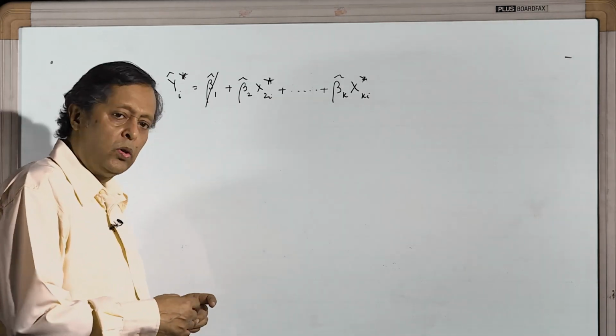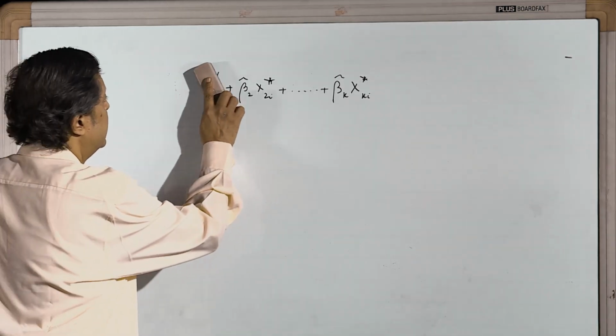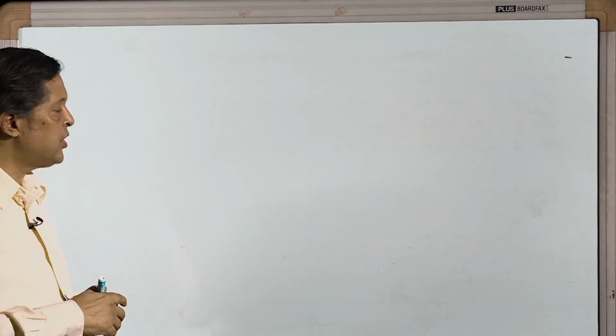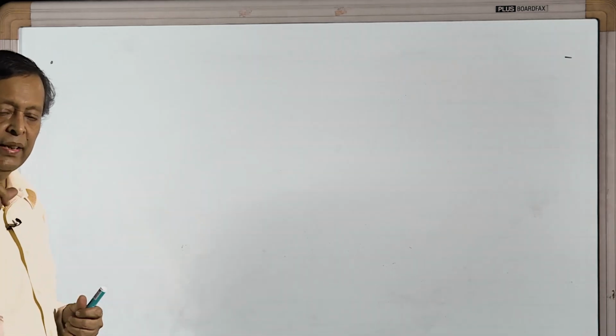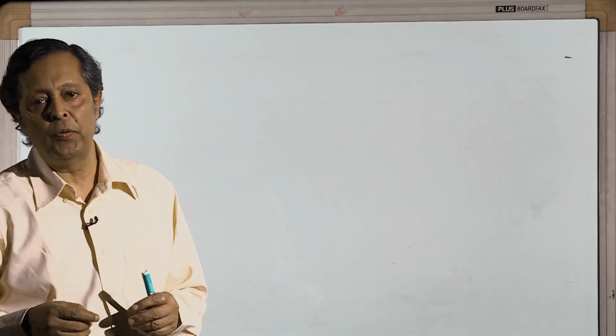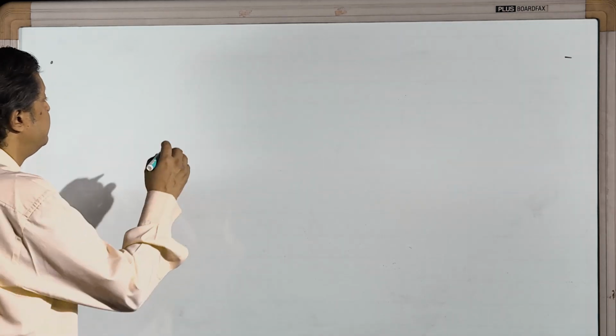Before we go to the next part, what we would like to show is the relation between the estimated coefficients in original variables vis-a-vis the coefficients in standardized variables. So, let us take a look.